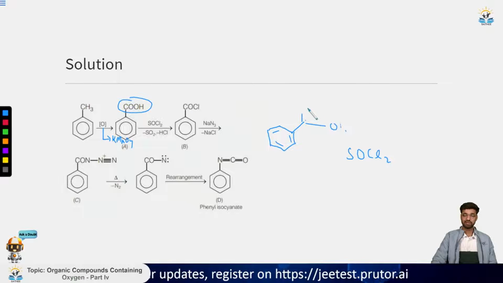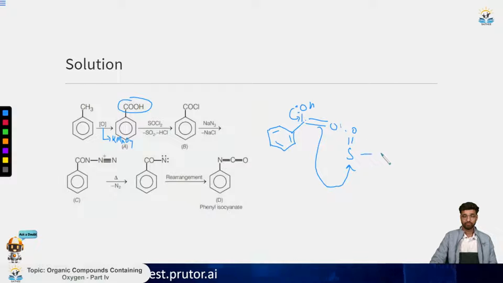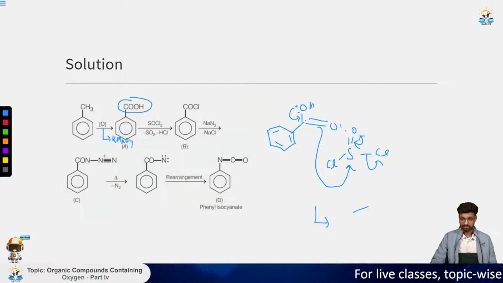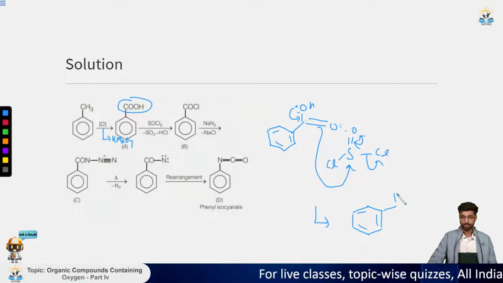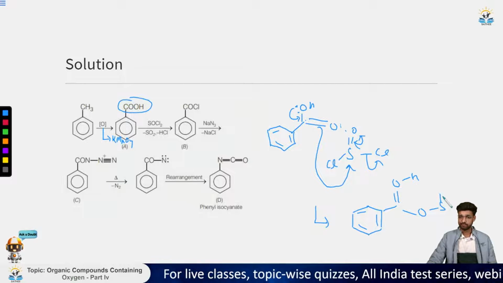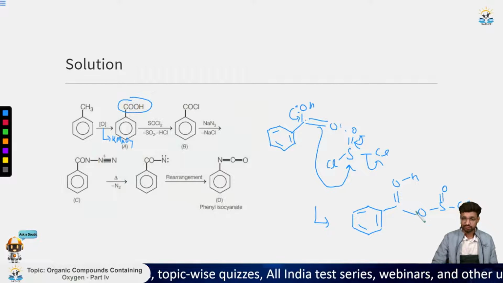Its mechanism is not as simple as the other nucleophilic attacks. This lone pair moves here, and it resonates back to give out the chloride ion. Like this. Now we have this chlorine.